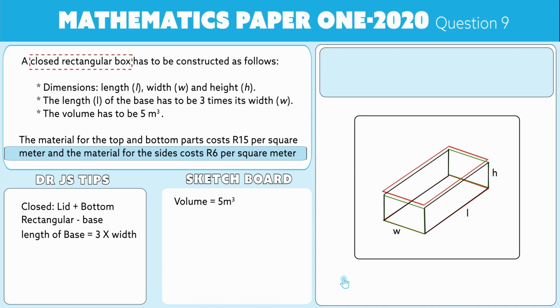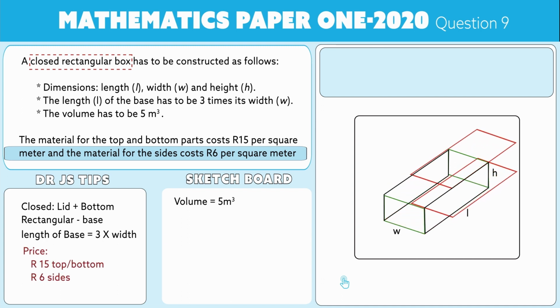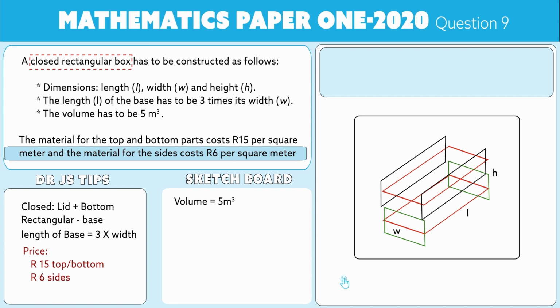The bottom part and the top part is 15 Rand per square meter, so 15 for top and for bottom, and then for the sides, we pay 6 Rand.